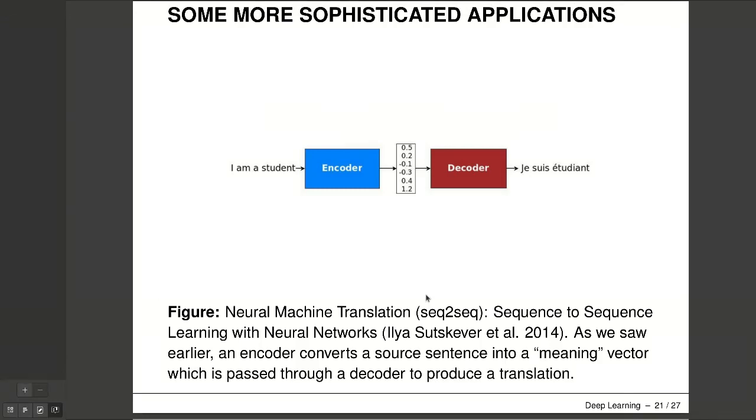Here is another example for neural machine translation, sequence to sequence learning with neural networks, which was developed in 2014.